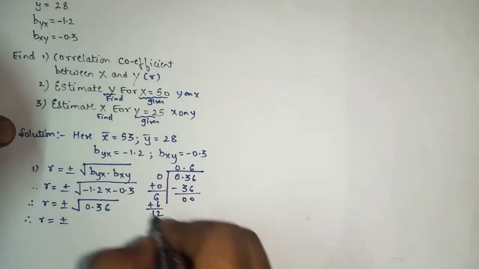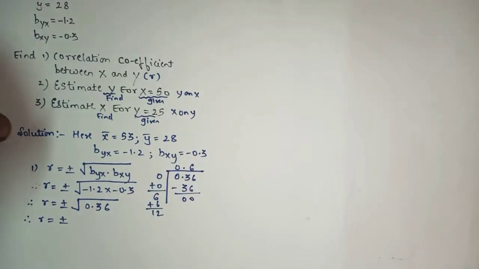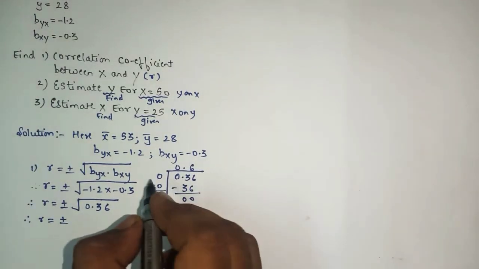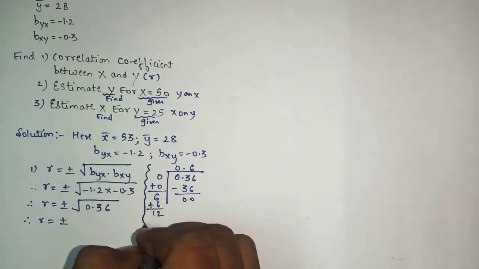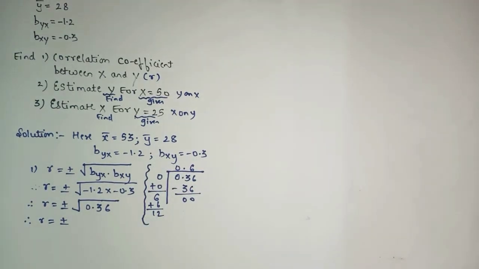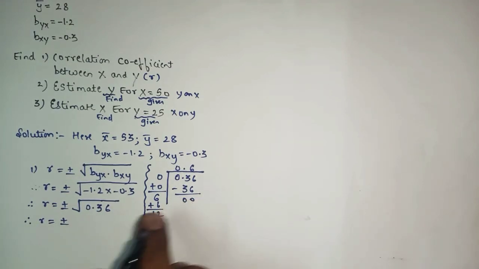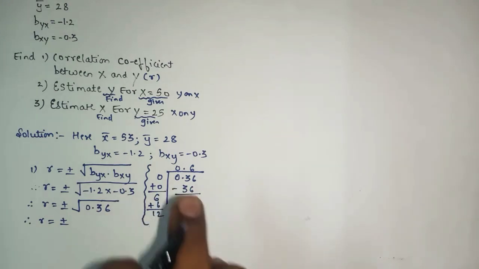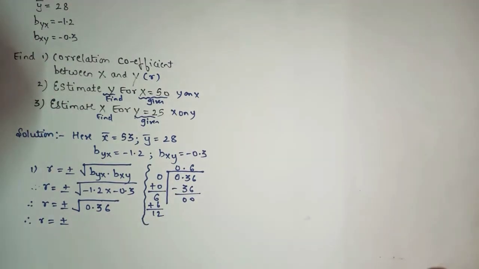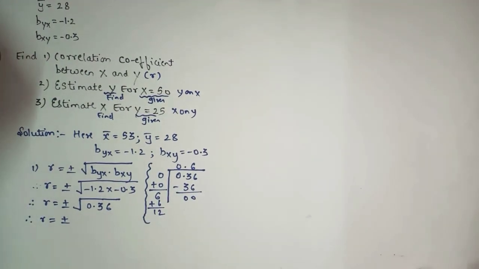Yes or no? A basic part. This is a rough work, I can say. So here you have to find the square root by using the square root division method, or else there are 3-4 other methods also.